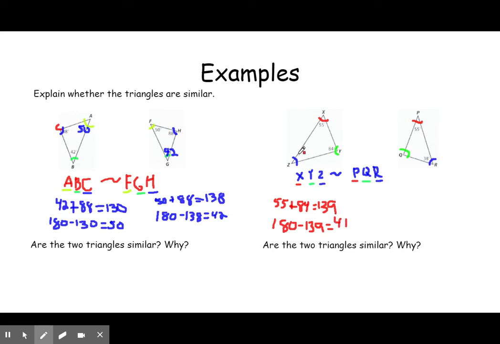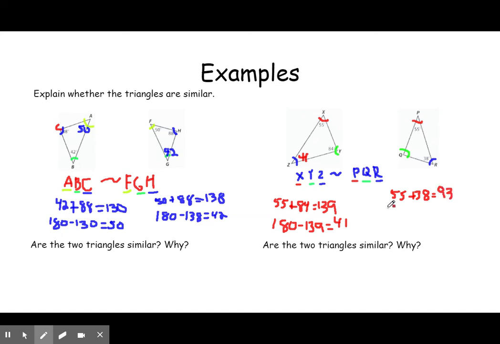All right, so this angle is 41. All right, now let's do the same thing on this side. So it gives me 55 and 38. All right, if I take 55 and I add 38, I get 93.